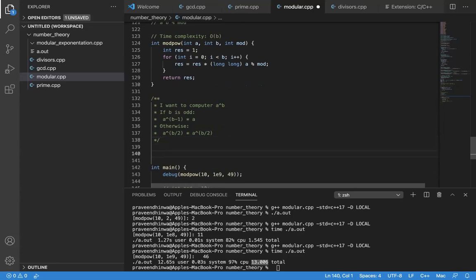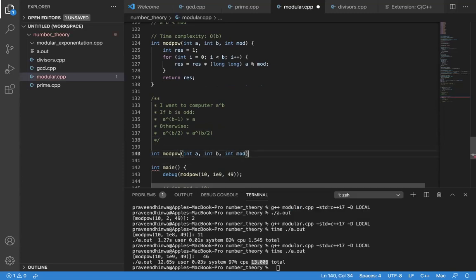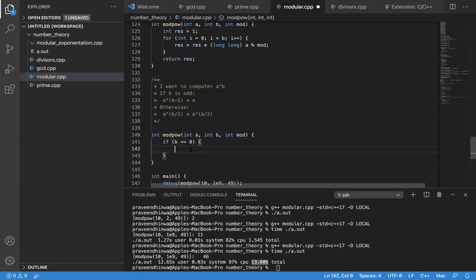So let's directly write this into code. Int mod pow of int a, b, mod. I have to write some base case. So let's say b is equal to 0. What will be the answer if b is equal to 0? If a is 0, then your answer will be 0.